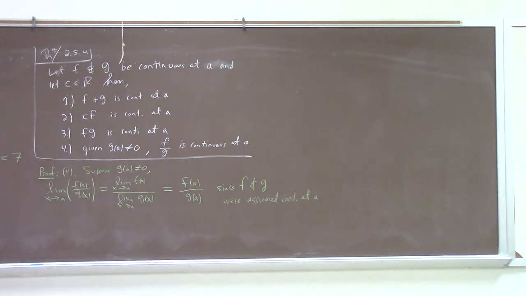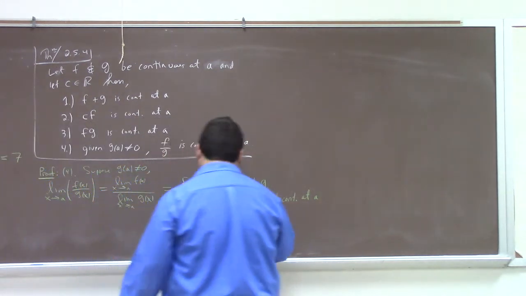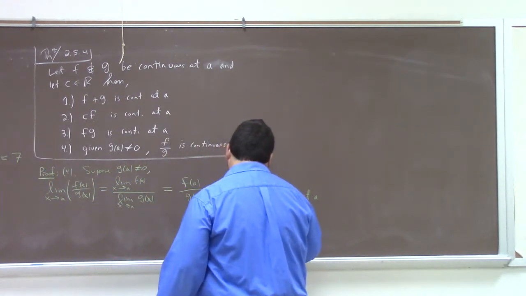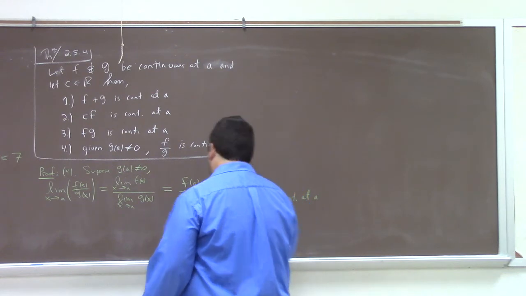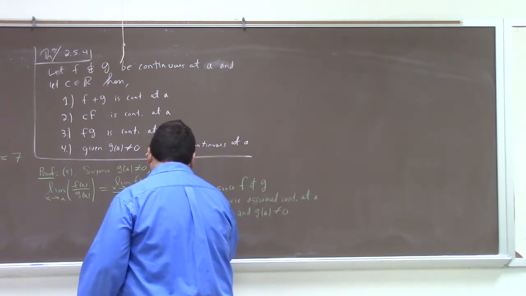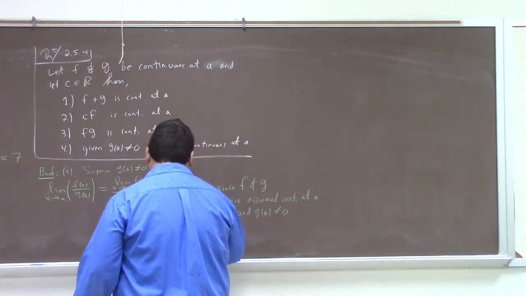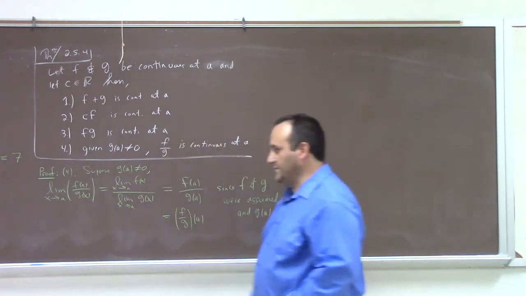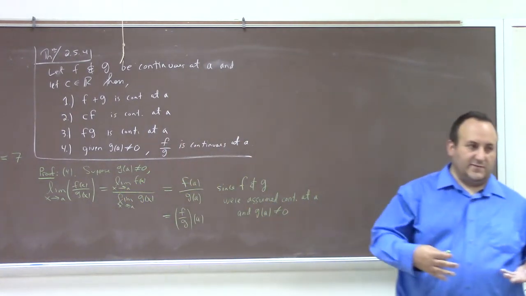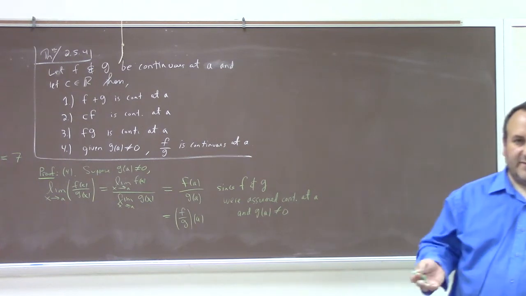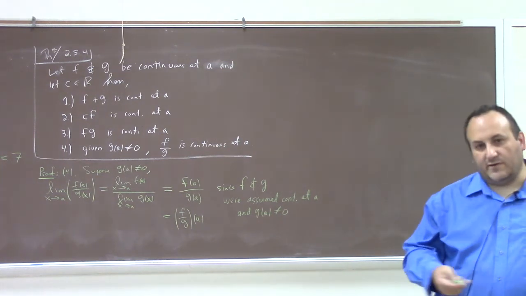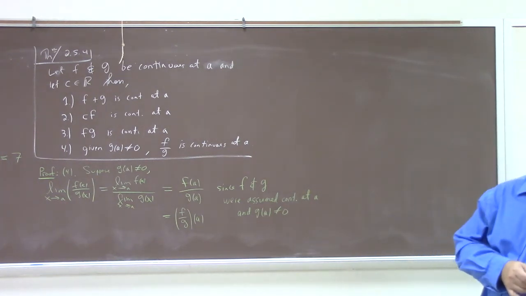And we also knew g of a was not 0, right? So this, by definition, is f over g of a. If you're talking about the f over g function, its values are defined by dividing the f value by the g value. That's how we do the quotient of functions, by the pointwise rule.